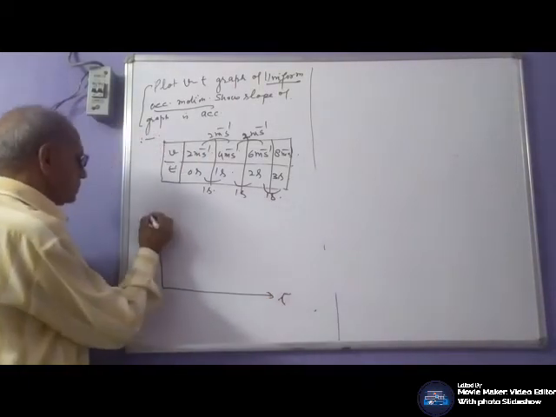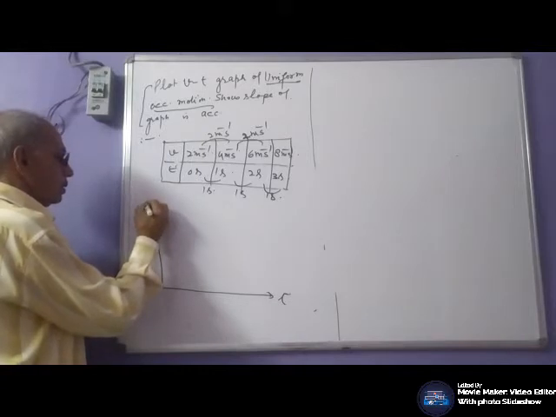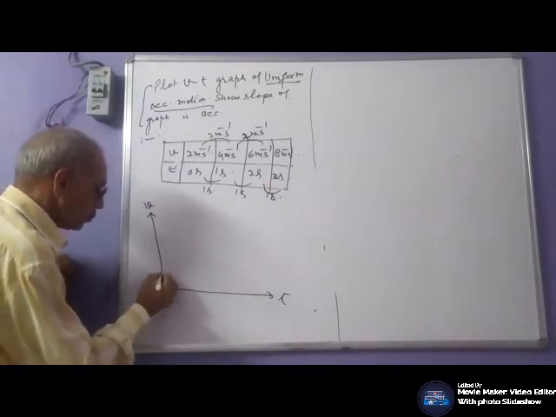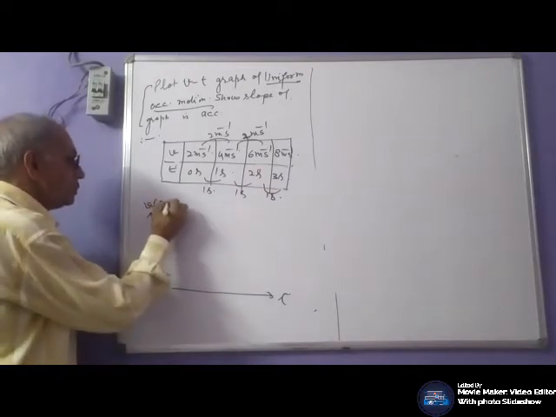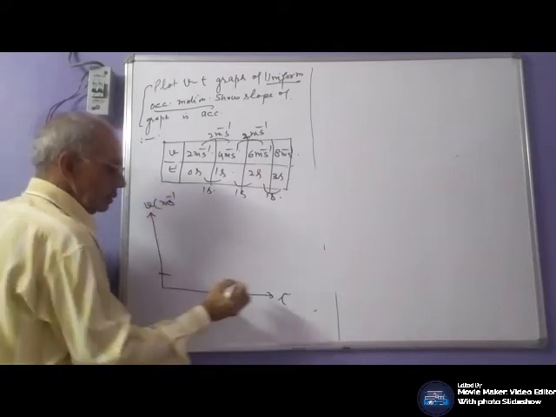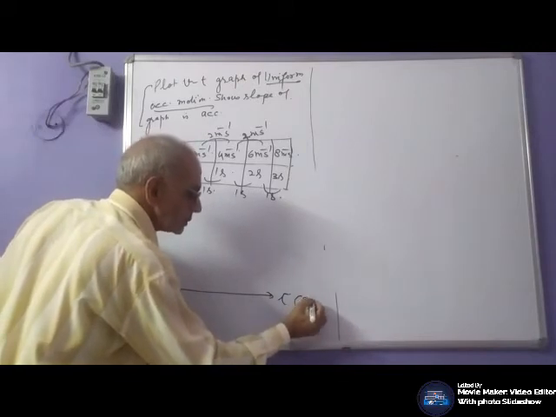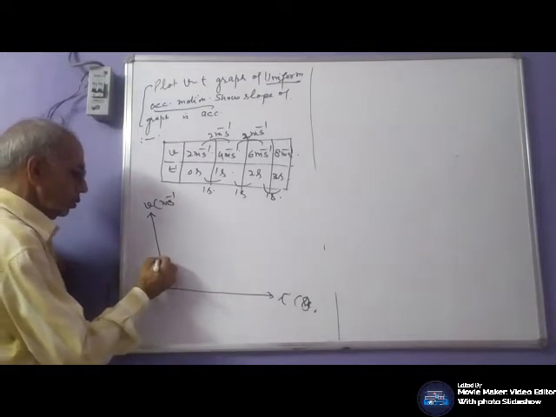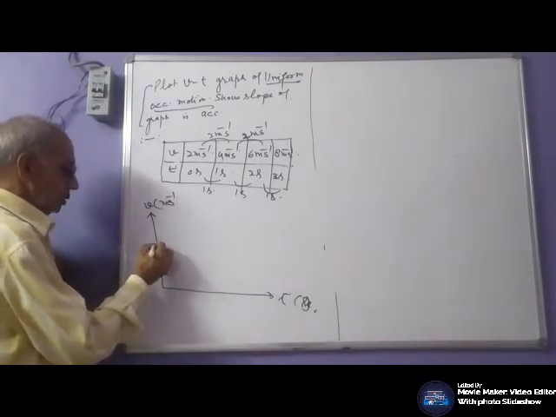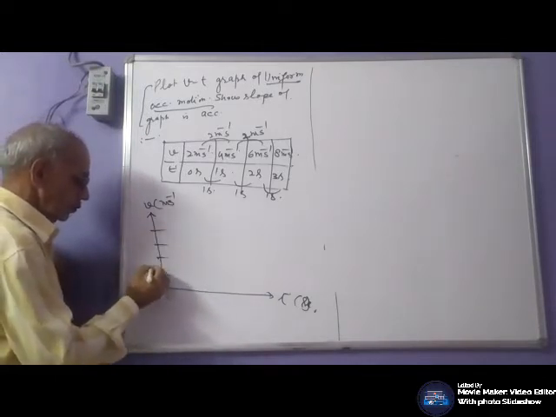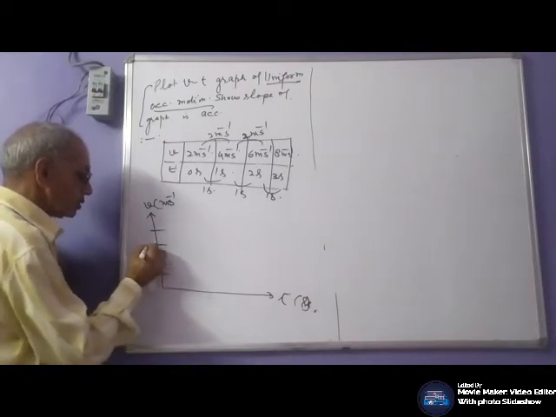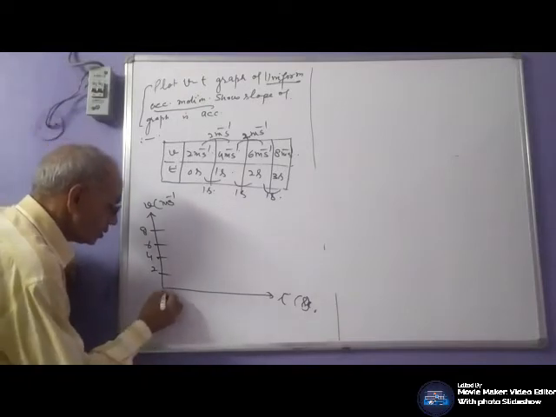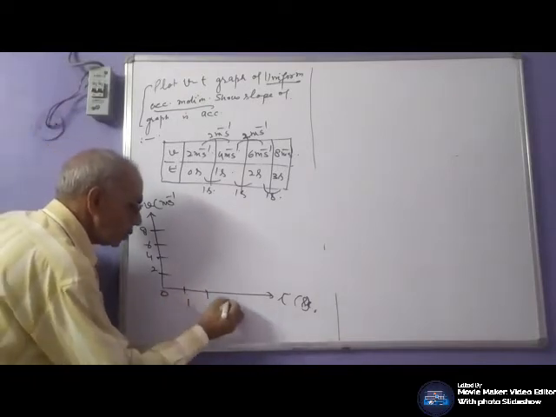This is T. This is V. V is in meter per second. T is in seconds. The values are 2, 4, 6, 8 and 0, 1, 2, 3.